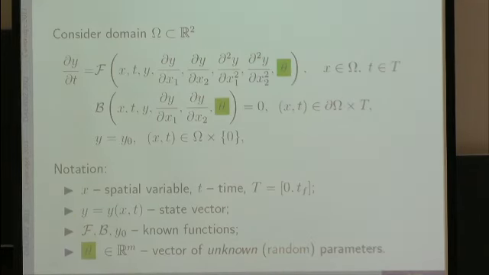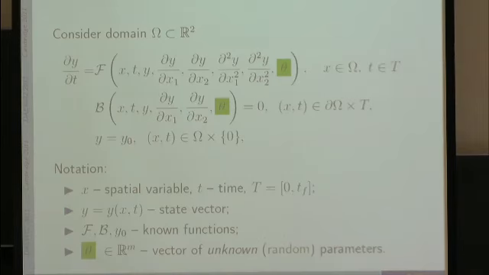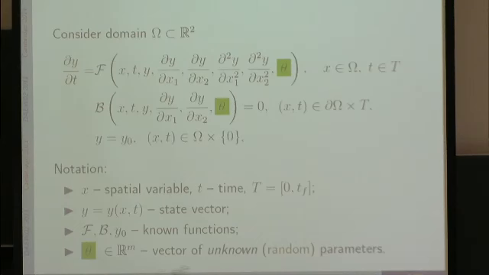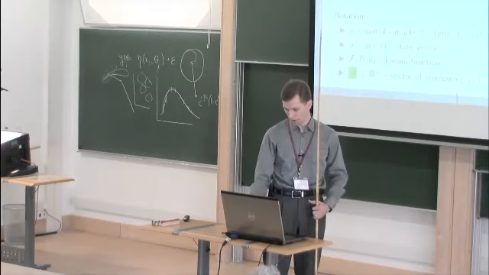The system depends on a finite vector of unknown parameters, which, according to many effects, such as individual distribution of parameters from device to device, and of course sensitivity to sampling, is assumed to be a random vector, a vector of random parameters.